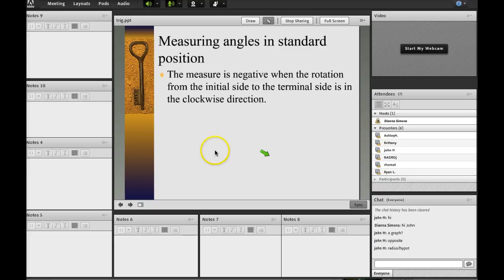All right. So that's how we measure a positive angle. If we want to measure a negative angle, we go from the initial side to the terminal side in a clockwise direction. So what side is this? Initial. What side is this? Terminal. And this would be a negative angle because we're starting at the initial, going to the terminal clockwise.